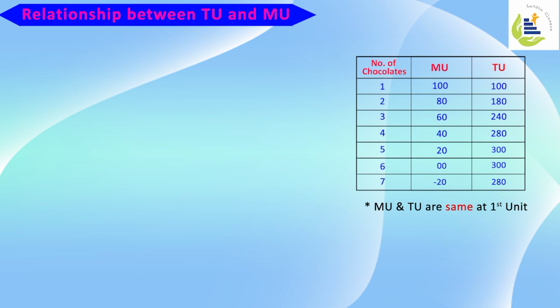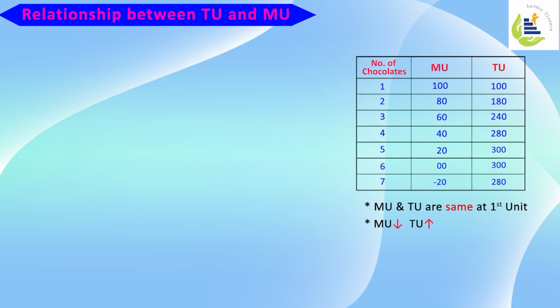I observed that the marginal utility started reducing. So for the second product onwards, marginal utility kept going down, and you can see from the graph that it is going down. But my total utility is actually increasing.